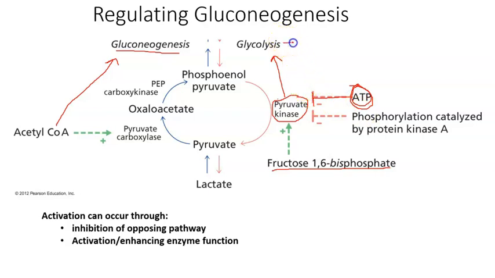The point of glycolysis is to make ATP, and if we have a lot of it already, then that process can slow glycolysis down, since we don't need more ATP, and potentially that can allow us to build up glucose and use that for other processes, for example, making glycogen stores. And we'll come back to this protein kinase A in a little bit. This can also act as an inhibitor to pyruvate kinase.